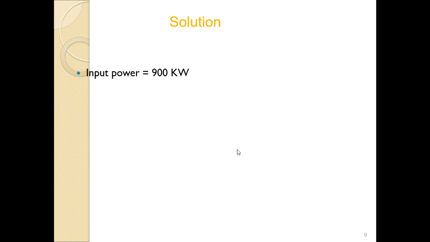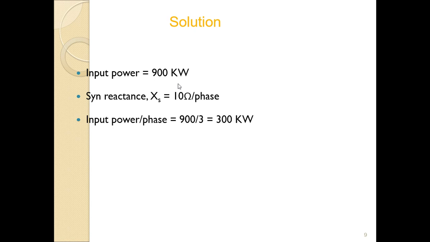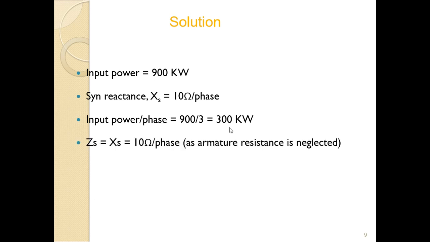Given input is 9000 kilowatts. Input is root 3 VL IL cos phi, and given synchronous reactance Xs is 10 ohms per phase. The input power per phase, this one also we convert into phase, so divided by 3, the per phase power is 3000 kilowatts.